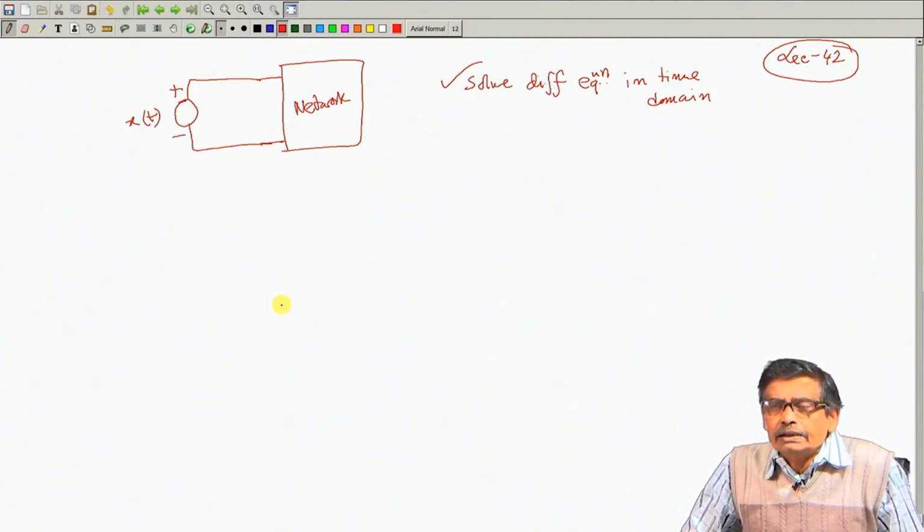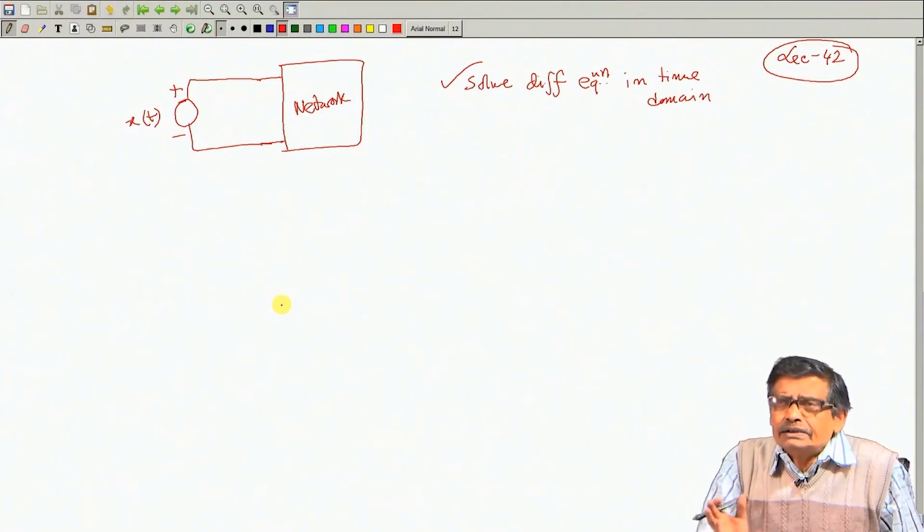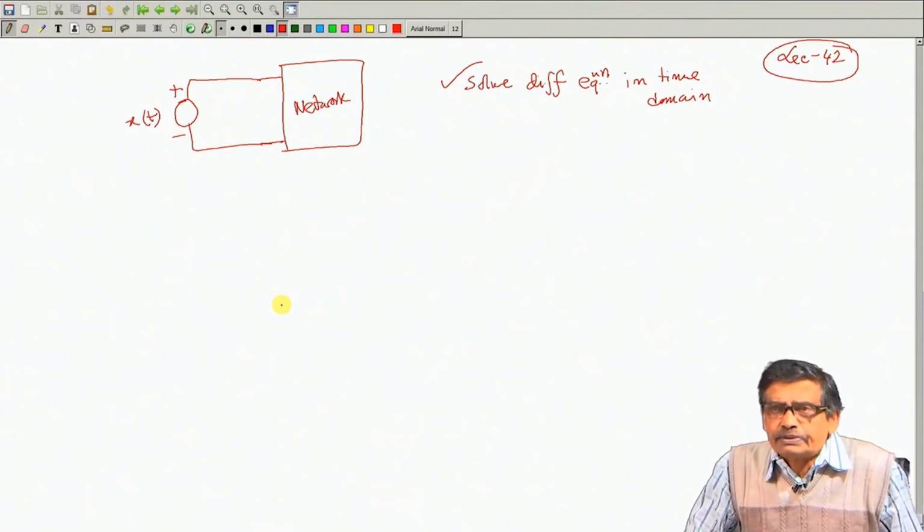If it is sinusoidal, there is no need to solve the differential equation, because you will ignore the transient part. We are only interested in the response of the circuit after quite a time has elapsed, because the transient will not be there. Therefore, what is the point?